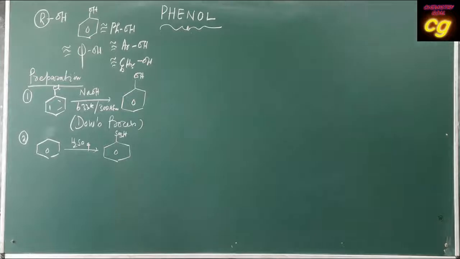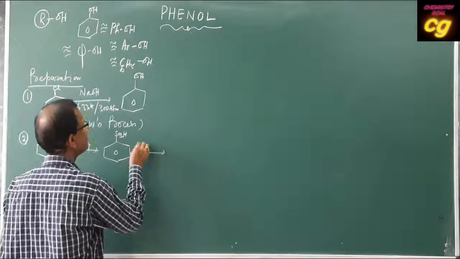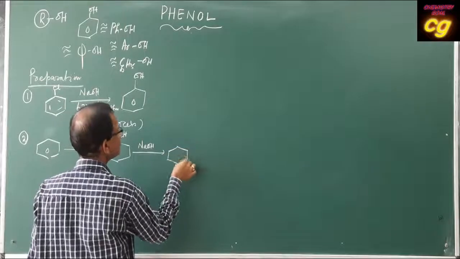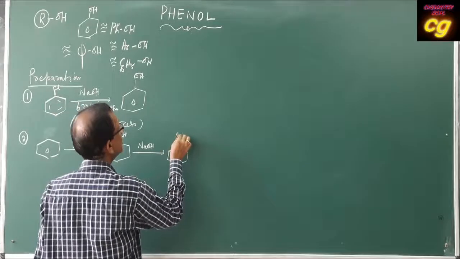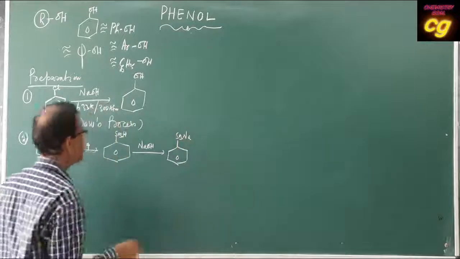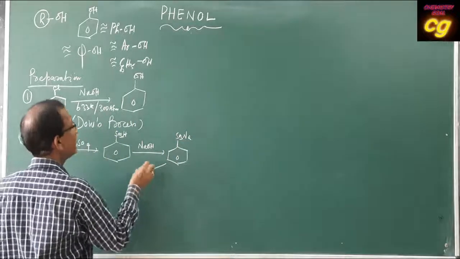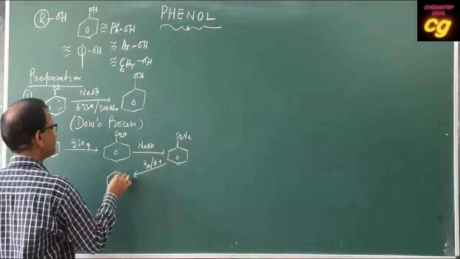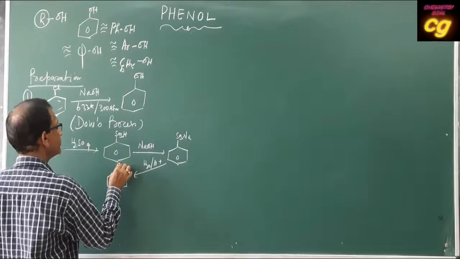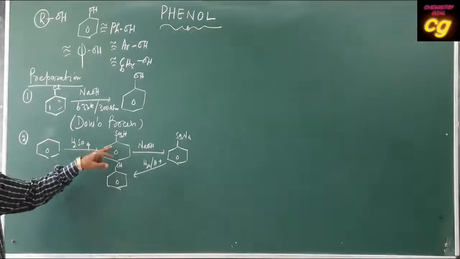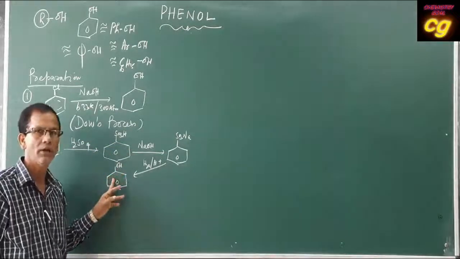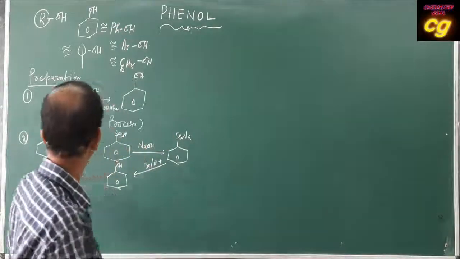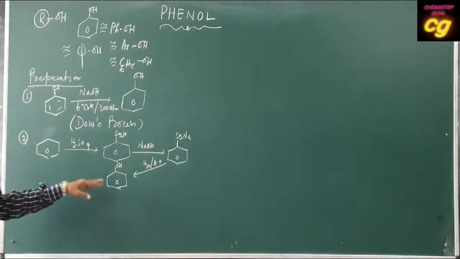When this is treated with NaOH, it produces the salt SO3Na. When it undergoes acidic hydrolysis, the result is phenol. So from benzene sulfonic acid can be converted to phenol by the action of sodium hydroxide, followed by acid hydrolysis. So in this way also you can prepare phenol.